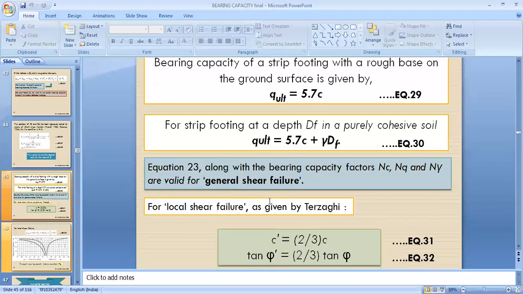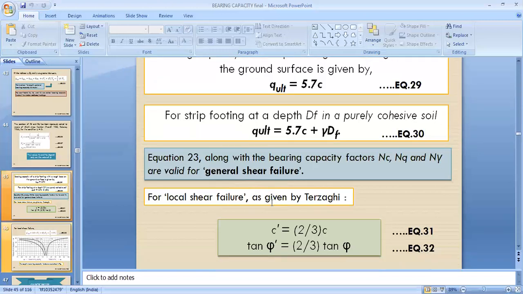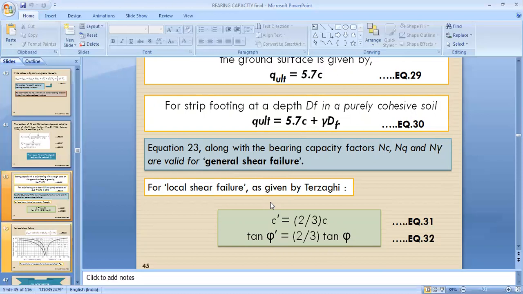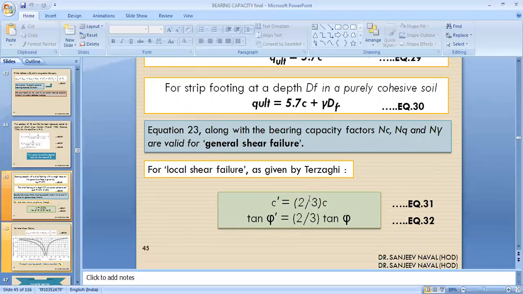If the conditions are for local shear failure, meaning the relative density of the soil is between the loose and the dense one, around 50% relative density, then Terzaghi conveyed that you can take the cohesion component as around 2/3 of the actual C, and the phi value can be calculated from the relation tan phi dash equals 2/3 of tan phi.